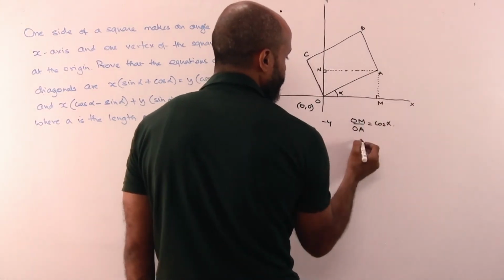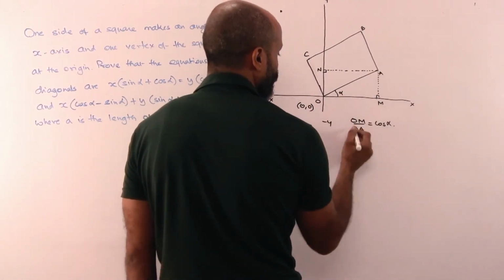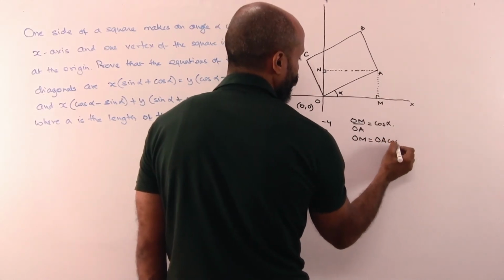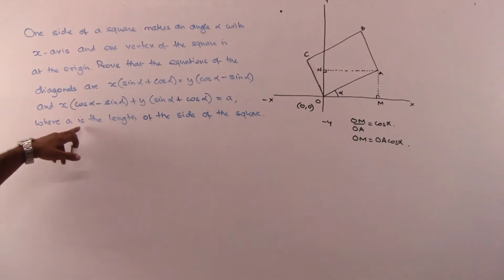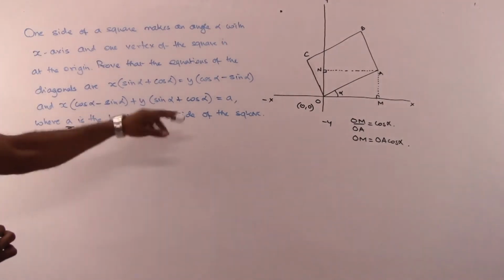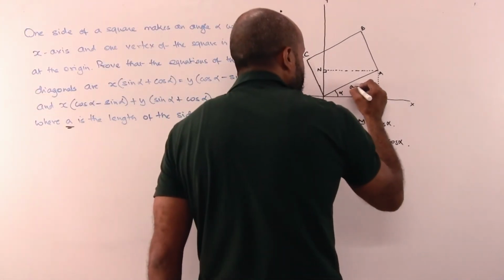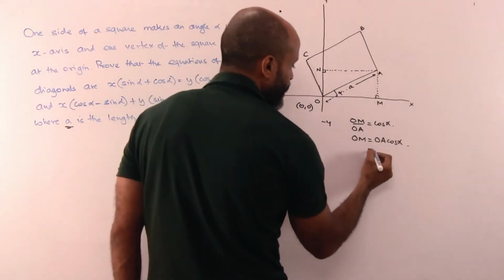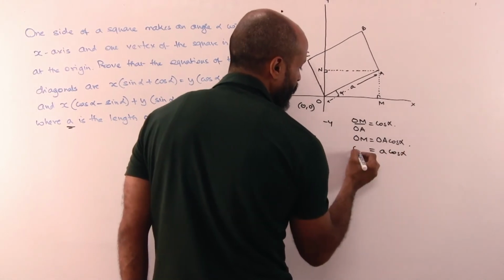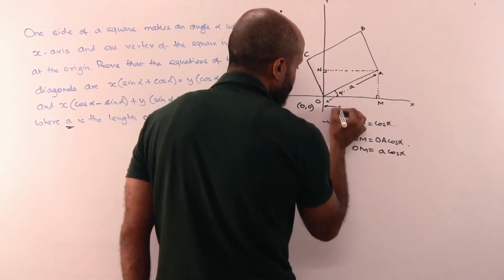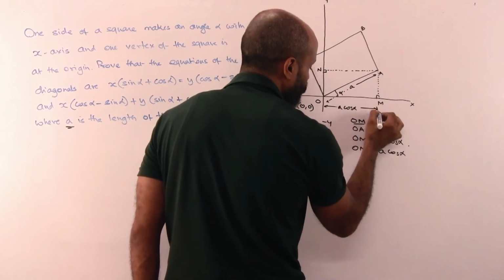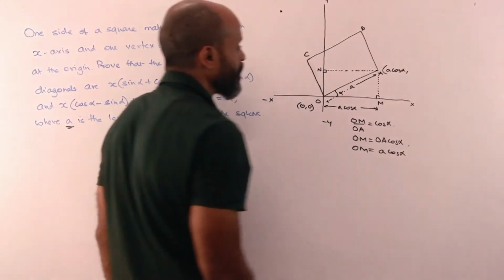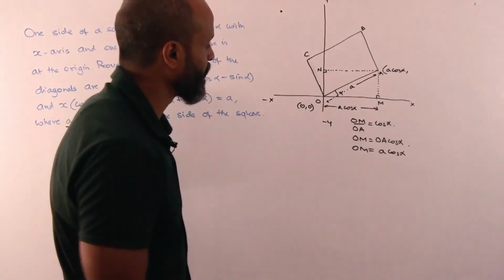So basically OM will be equal to OA cos alpha. Now we are aware that A is the length of the side of the square. So this portion is A, which means OA is A cos alpha. So OM basically is A cos alpha. Okay, now what will be AM? How will we calculate this?